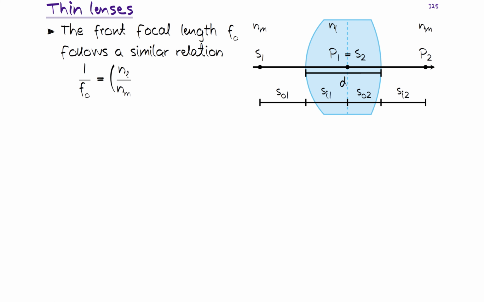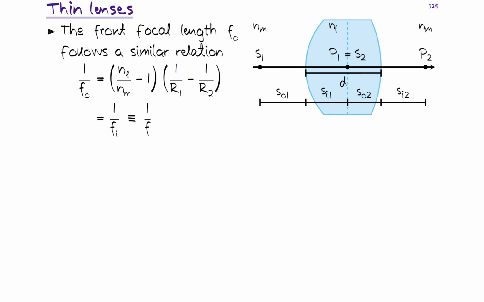I can use the same equation, and now I have the image being formed at infinity, so SI2 will be infinity. So what is left is only the object location, which I equate with FO, the front focal length. And this is what I can solve.